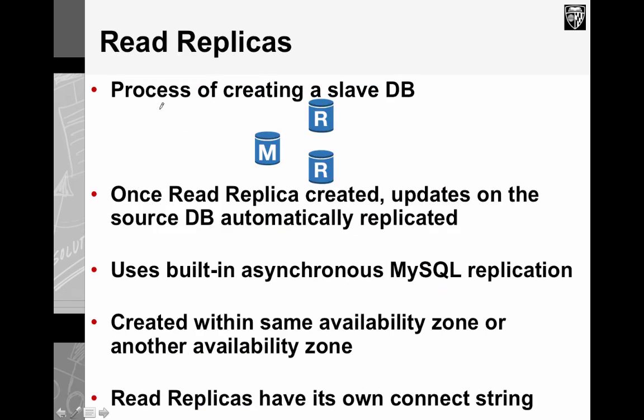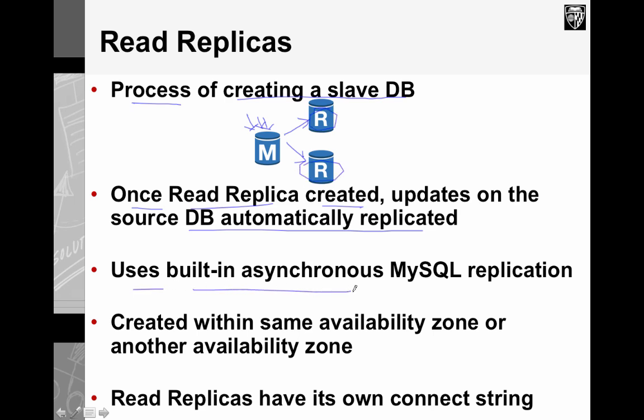Read replica. A read replica is the process of creating a slave database from a master, more of a read-only database from a master. You can have multiple read replicas created from the master. Once a read replica is created, any updates that are done to the master, any new data that's committed into the master, will be automatically replicated to both the slaves. All the slaves will end up getting the changes.